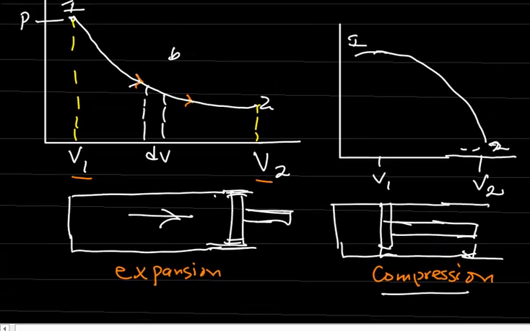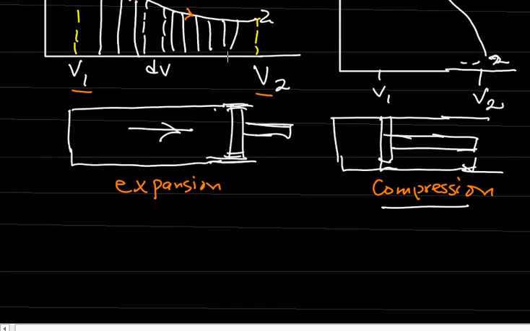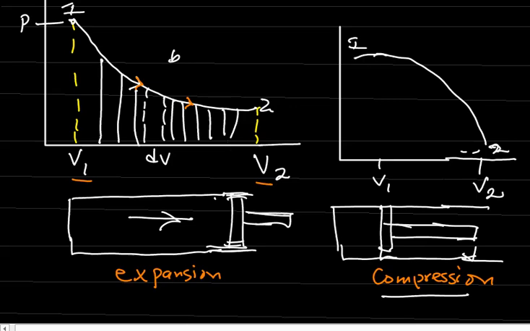So at the end of the day, to calculate the net work done, the work done for this path is obtained by evaluating the area under this particular curve, which we calculate using integration. Then the work done for this other path is also obtained by calculating the area under this curve.